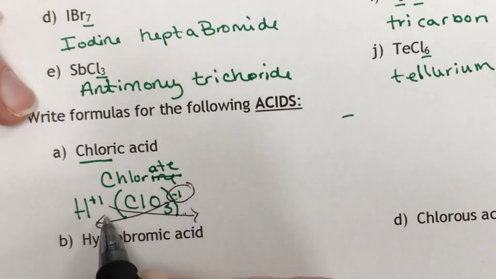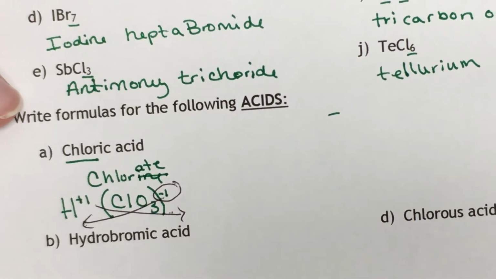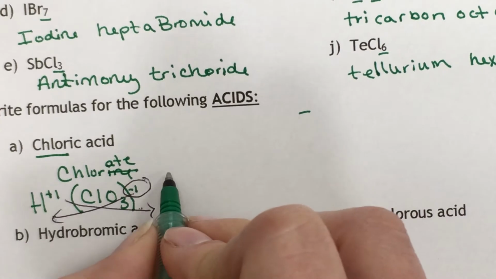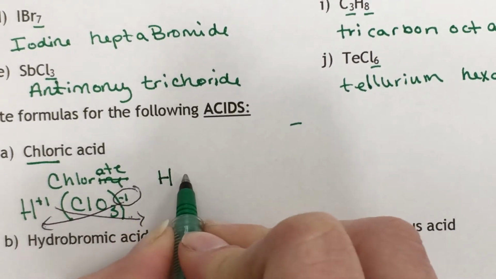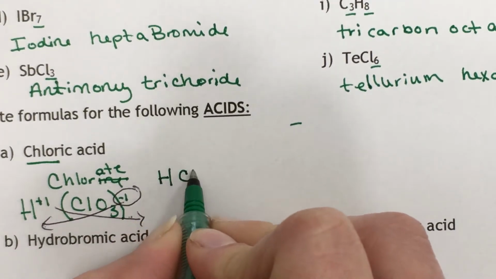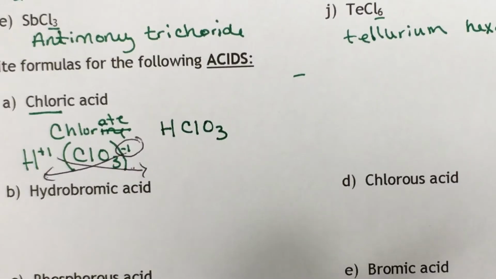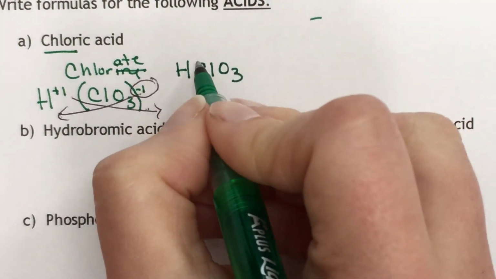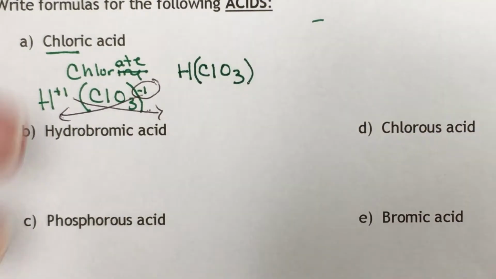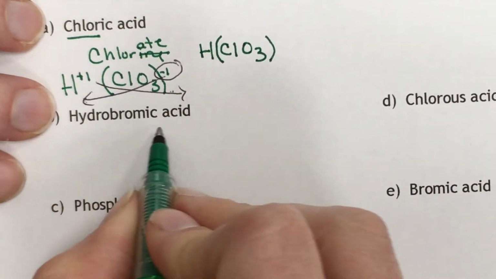Whatever the charge of the anion is, that's what we write underneath the hydrogen if it's not 1. So in this case, it is 1. So our formula is literally just HClO3. That's it.